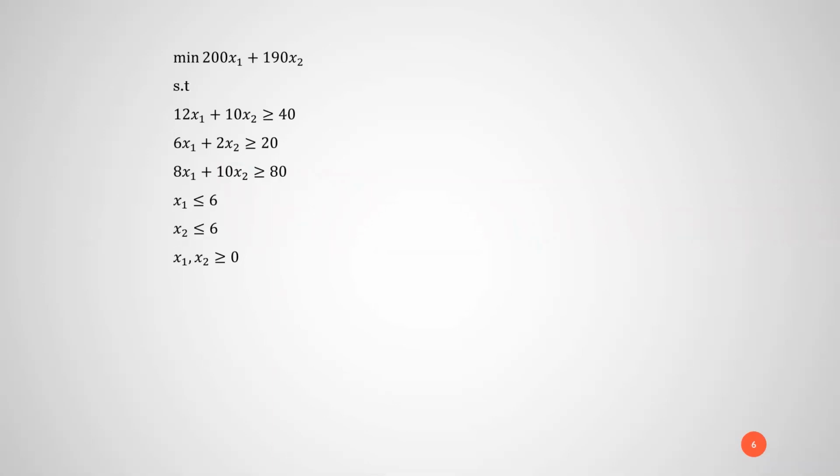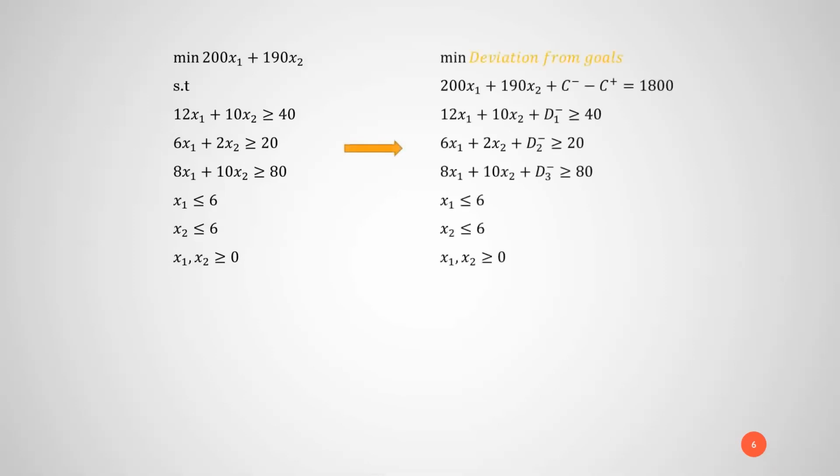Therefore, a solution with a cost around 1800 is acceptable. So I'm going to have both of the deviation forms for this goal. The second changes will be according to the amount of each product. The goal is to avoid producing more than necessary as much as possible.